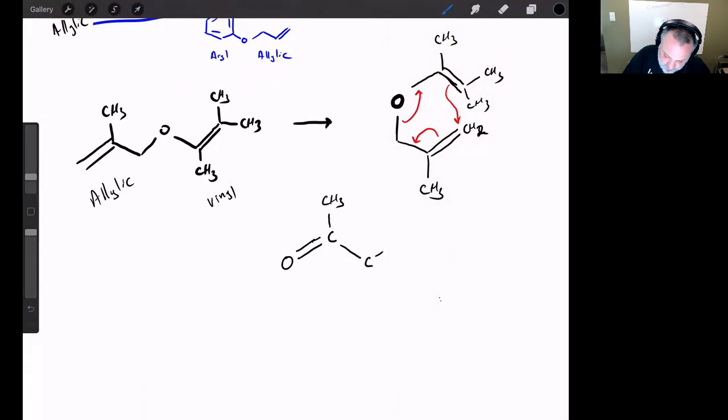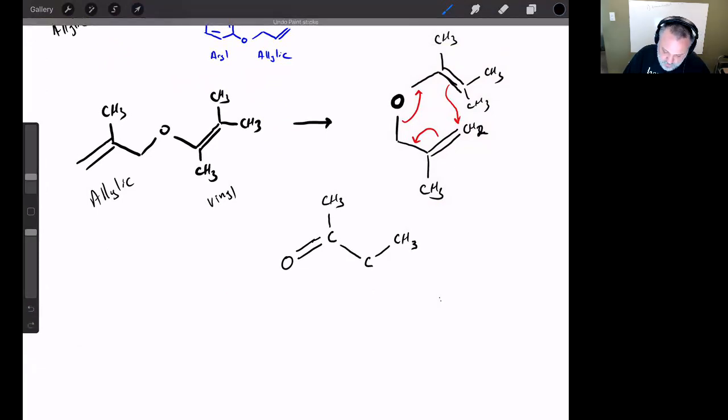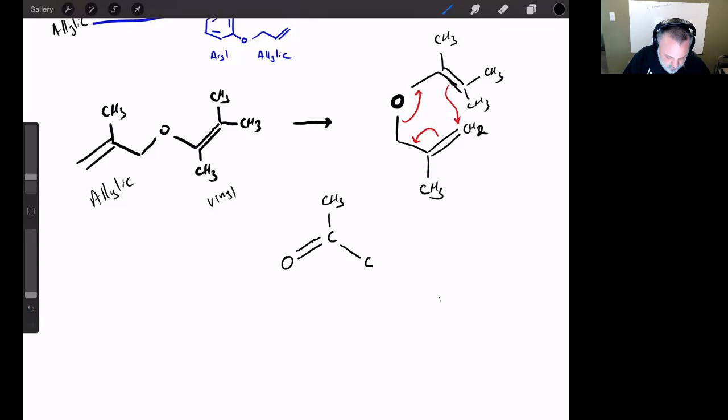It seems like I created a ketone. Looks like this one actually is going to be tetrahedral now. So maybe I want to make sure to leave some room to show that. But now, that's my new sigma bond.